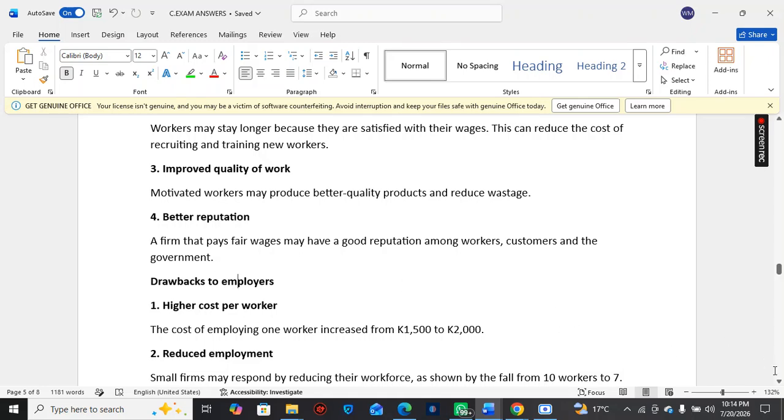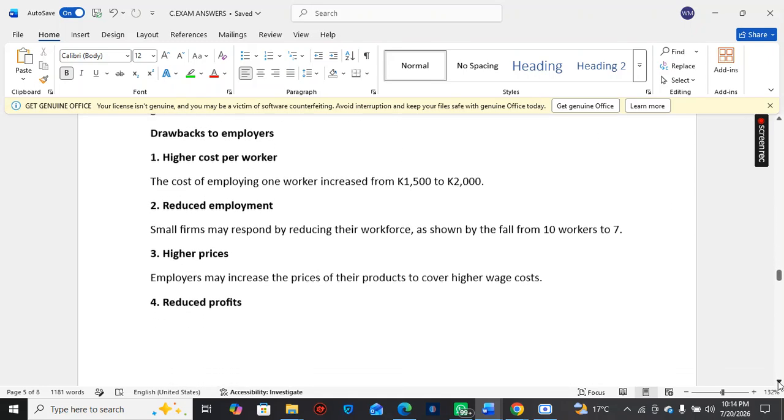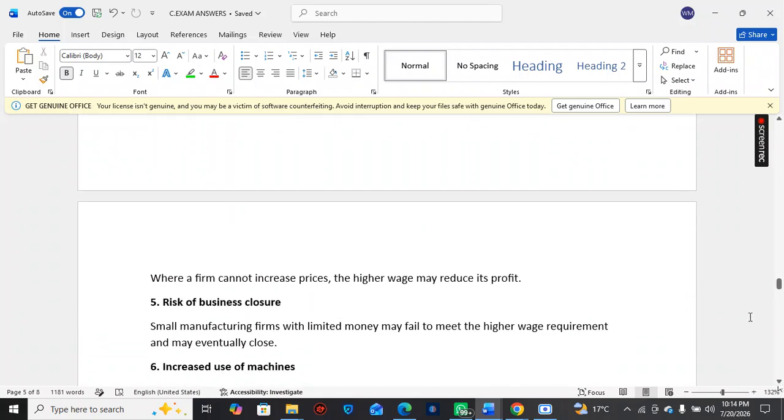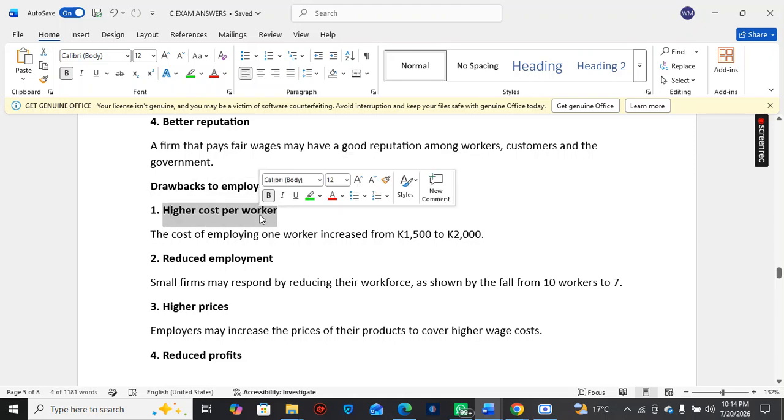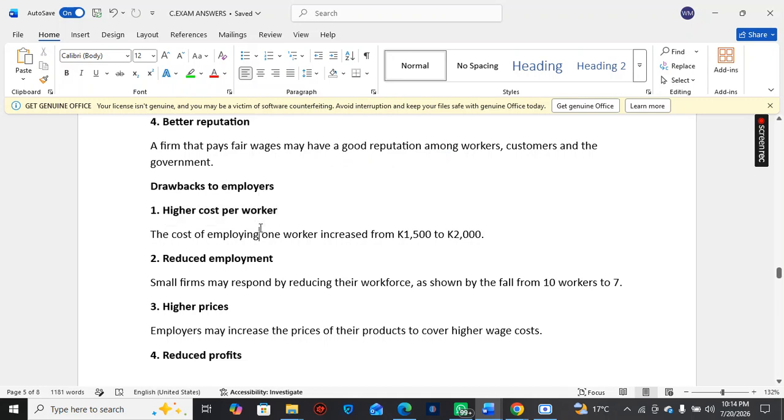Those are the benefits to the employers. Now the disadvantages. Higher cost per worker. Basically, the main disadvantage is that with this minimum wage increment, the labor cost has become high, meaning the cost per worker has also become high.